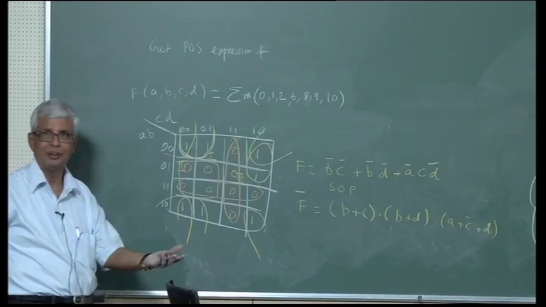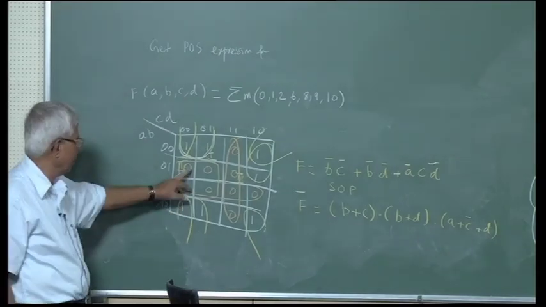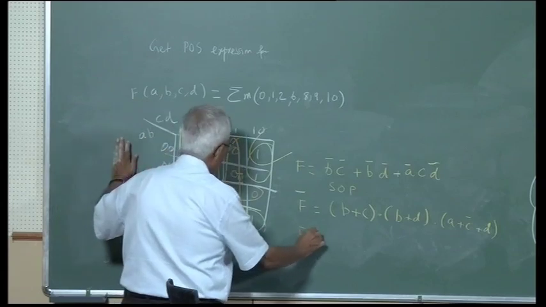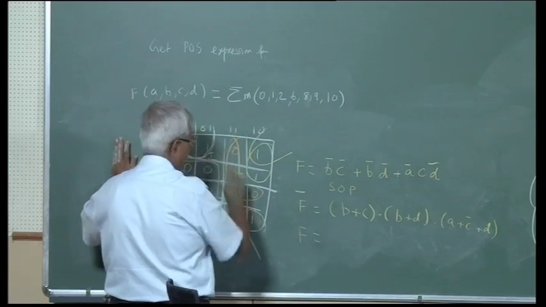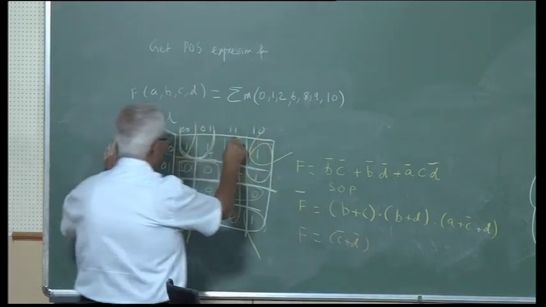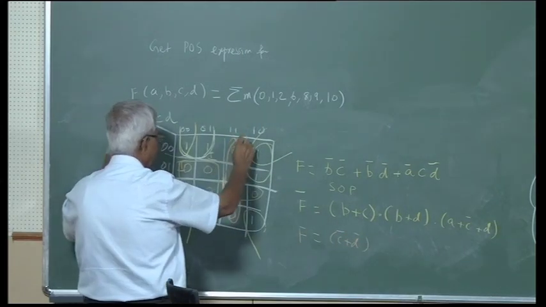Again 3 terms, right? This one will be C bar, D bar. This one is C bar, D bar.